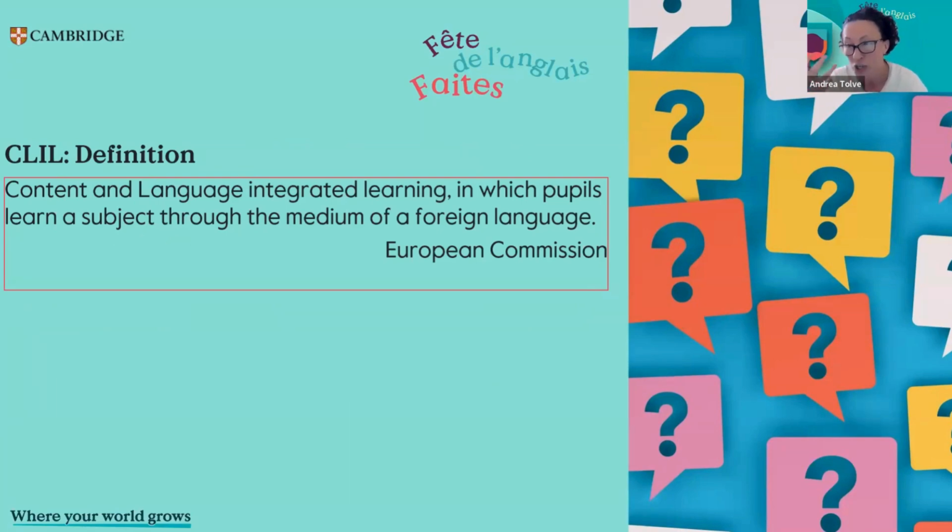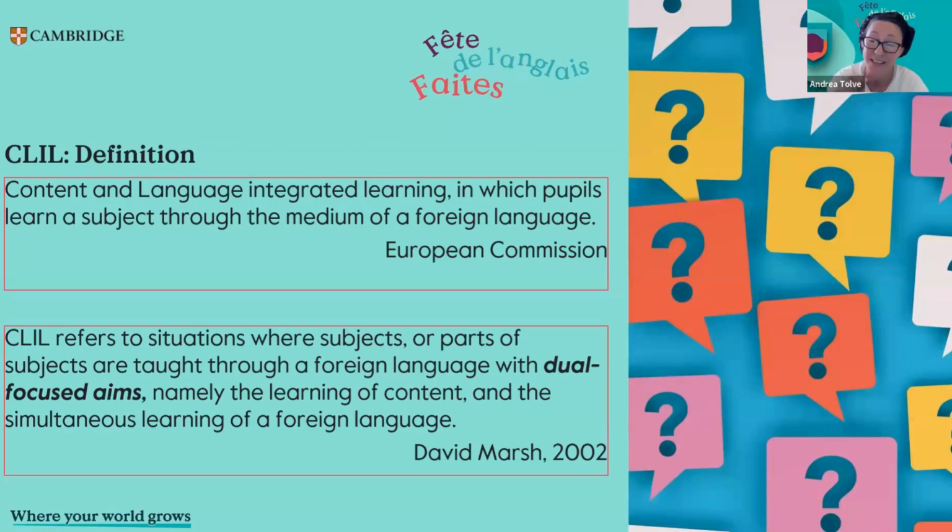So I'm going to share another definition, and this definition is by David Marsh, who actually coined the term CLIL. So he says, CLIL refers to situations where subjects or parts of subjects are taught through a foreign language with dual focused aims, namely the learning of content and the simultaneous learning of a foreign language.